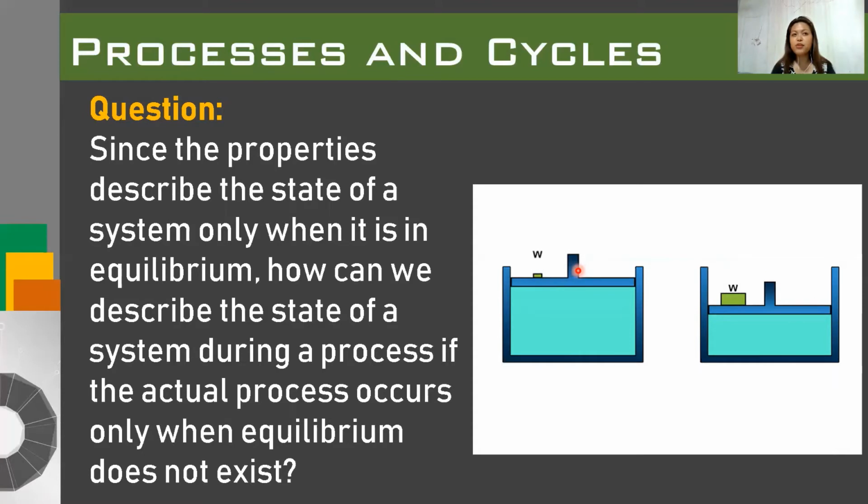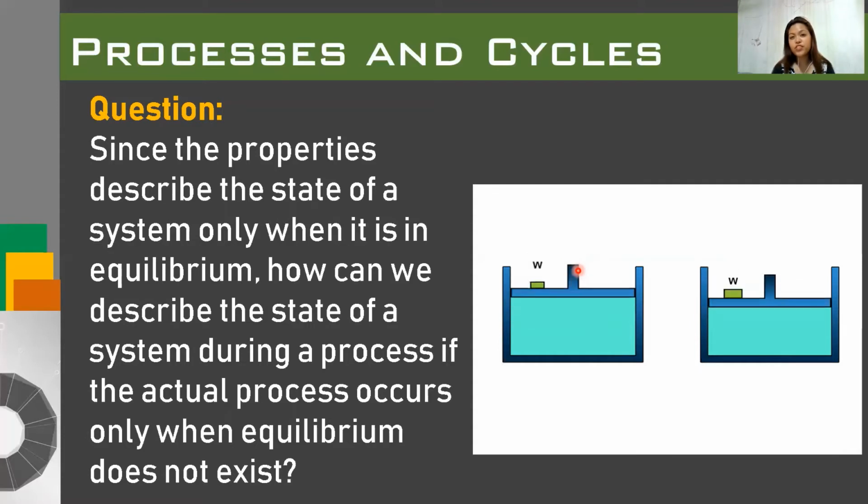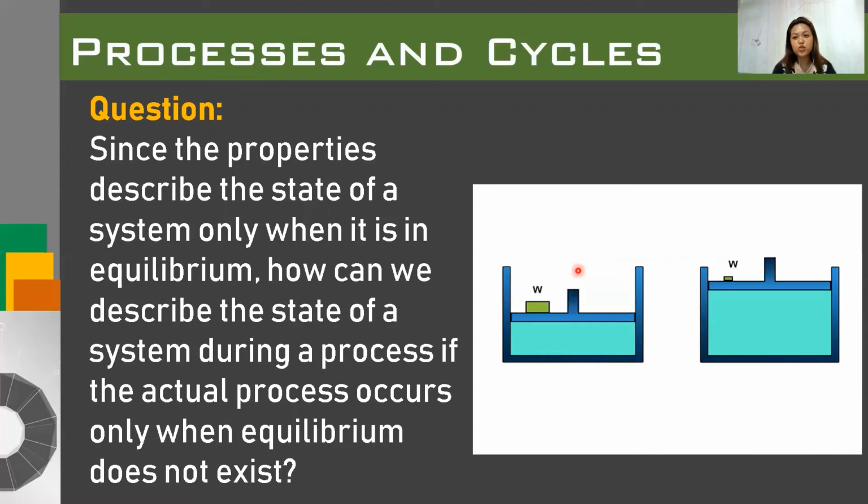Remember, the process happens because it is not yet in equilibrium. But if it is in equilibrium, then we can say that it has a state. So how can we describe the state during the process? That is the question.